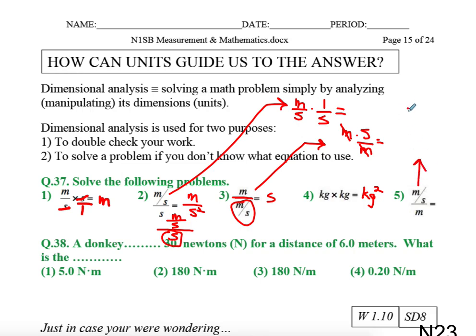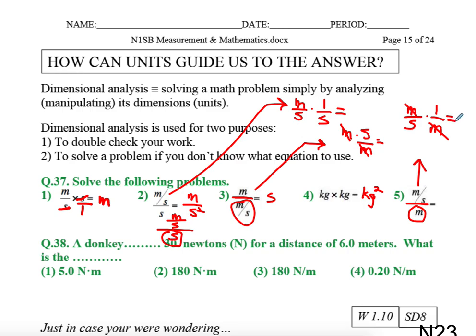All right, the very last one. Here we have meter per second. That's the numerator. And then we change this overall fraction into a multiply. And the denominator is just m. How do you flip m? You make it 1 over m. Of course, you see here that the meters cancel, and you are not left with s.